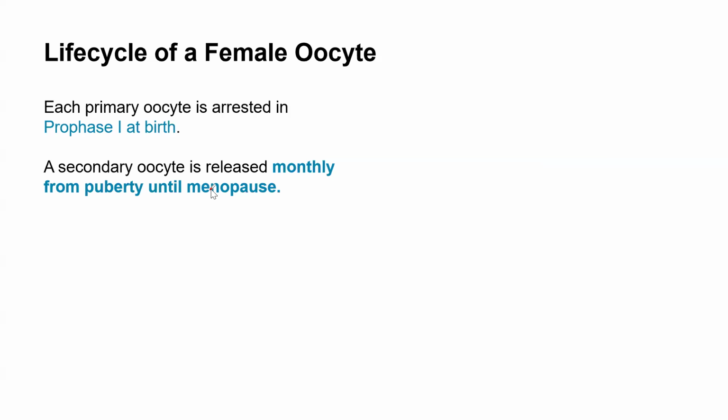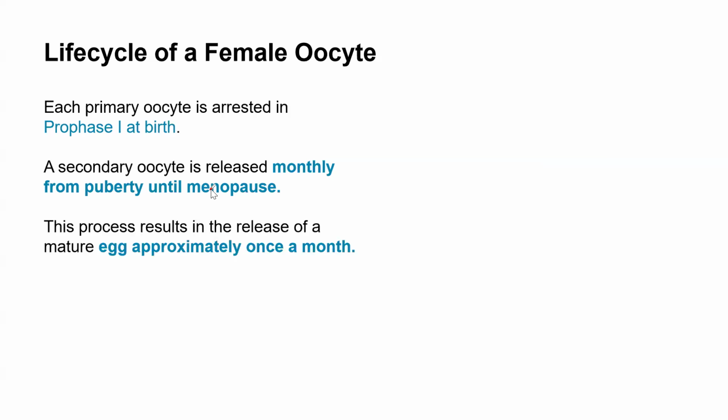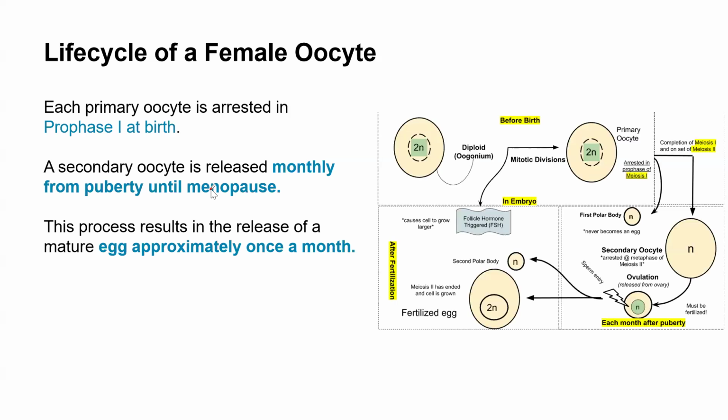So it means that each primary oocyte is usually arrested at prophase 1 at birth. Then the secondary oocytes are the ones that are released monthly from puberty until menopause. So this process results in the release of a mature egg approximately once a month. That's the life cycle of female oocytes.